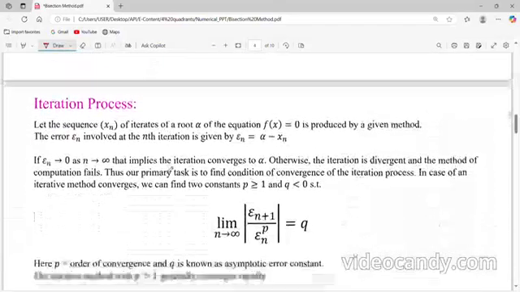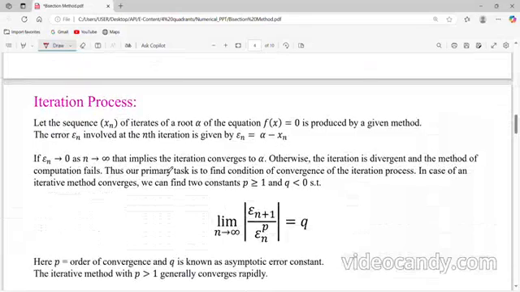Next is iteration process. Let the sequence x_n of iterates of a root alpha of the equation f(x) = 0 be produced by a given method, and the error epsilon_n involved at the nth iteration is given by epsilon_n = alpha - x_n. If epsilon_n tends to 0 as n tends to infinity, we can say that the iteration converges to alpha.